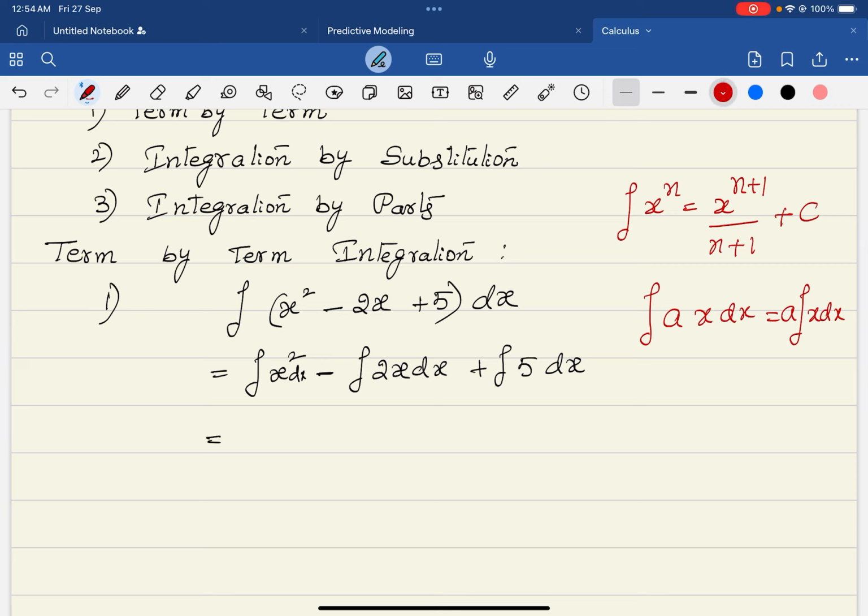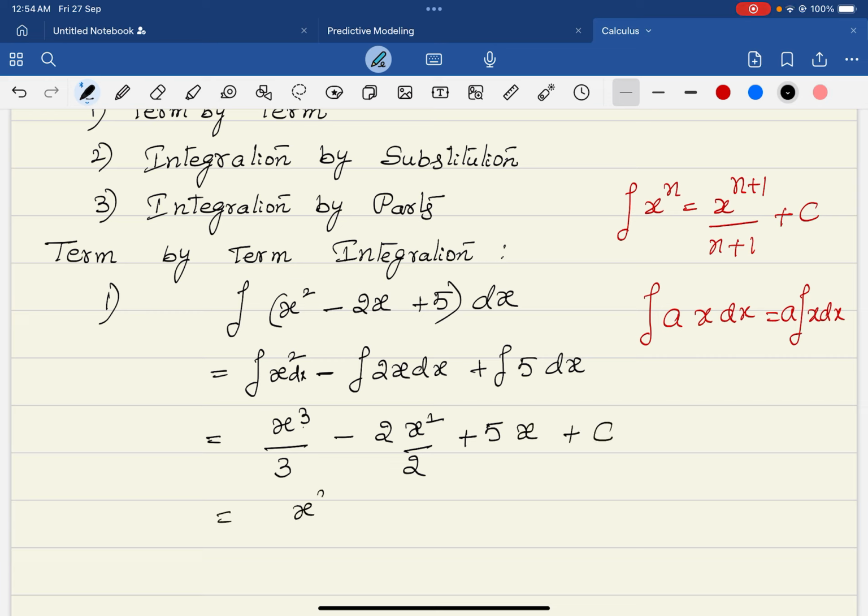So now the integral of x square is x cube over 3, since x power 2 plus 1 is x power 3 by 3, minus, taking 2 outside, integral of x dx becomes x square by 2, plus taking 5 outside, integral dx is x, plus the constant.